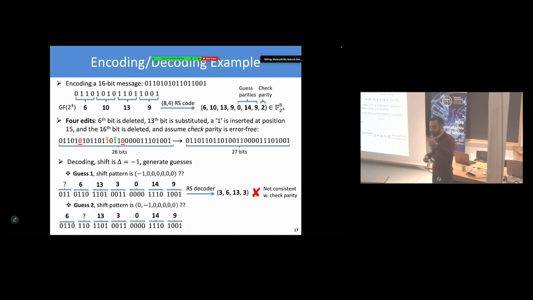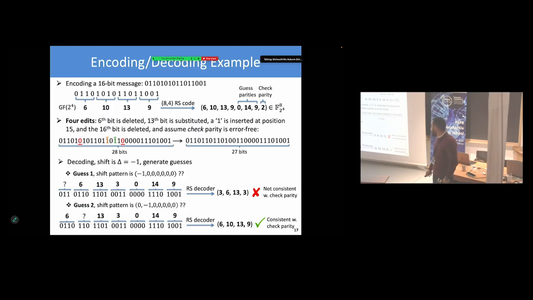So I have 1 substitution, 1 erasure, which is different than the other case. And now I can handle this with my Reed-Solomon code. So I will decode something, and it will check out with the check parity. And with this, I stop. The second guess worked for me. So now I claim that this is the correct message, and it is actually the correct message.